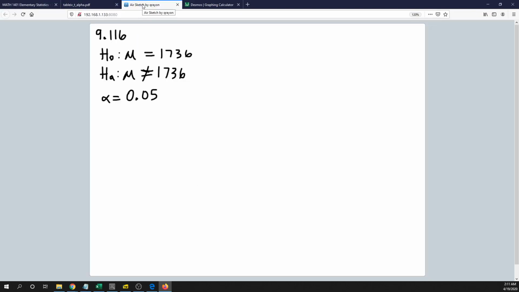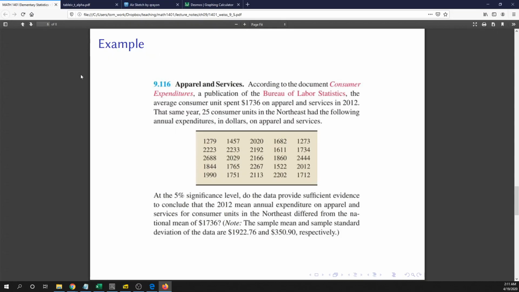All right, next up, we want to calculate the value of the test statistic. That is going to be x bar minus mu naught divided by s divided by square root n. x bar is our sample mean, and they tell us that the sample mean is $1,922.76.